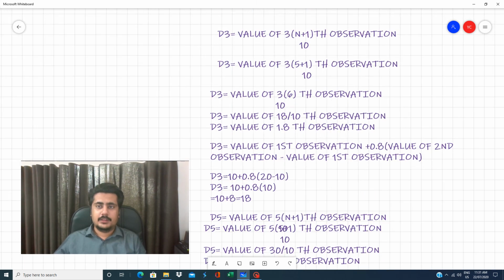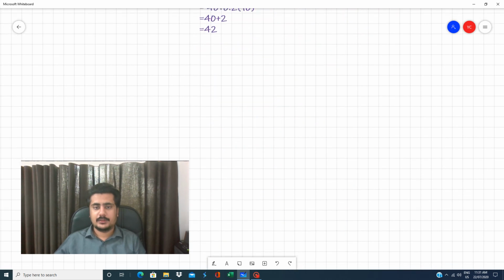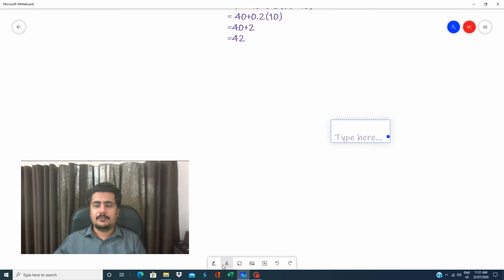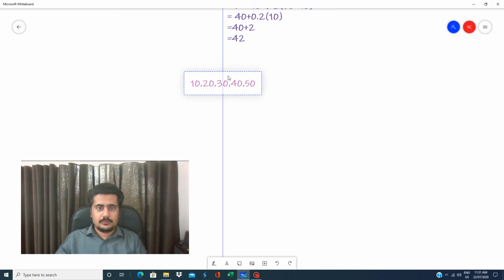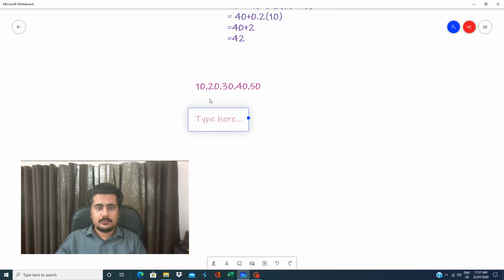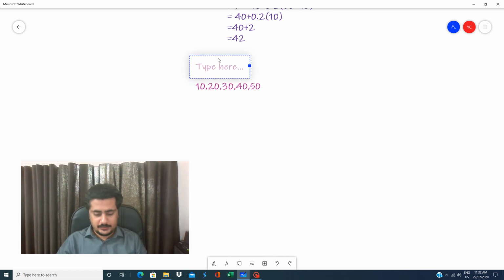Now what we have done is deciles. The same way I can find the percentile. As I told you, percentile means it is by default 100 parts.